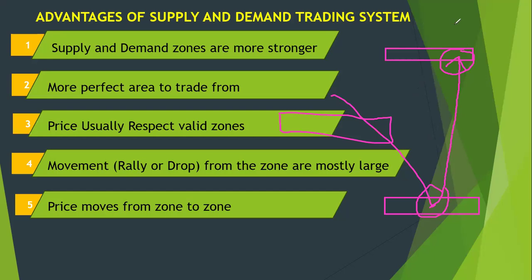So you need to be able to discern these zones, to know when price will reverse. That is why in the Forex market you will see a lot of ups and downs. The market doesn't move in one direction like we have in cryptocurrency or the stock market. A lot of people want to trade in the Forex market, but they find it difficult to stay and continue trading in it.